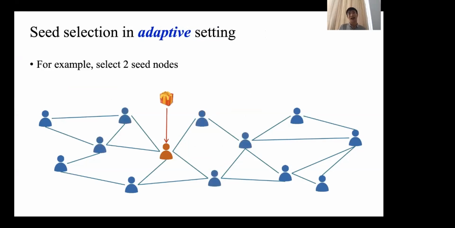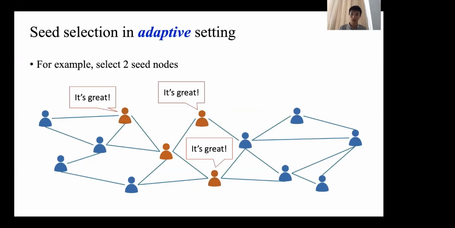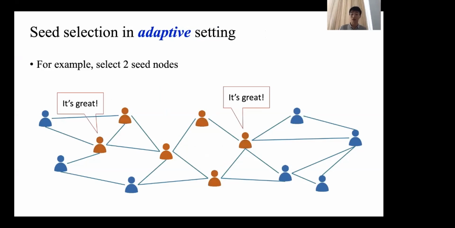However, we are looking at a smarter way. That is, we look at the adaptive algorithm. We first select 1 seed user. We then observe who will be influenced by this user. In this case, another 5 users are influenced by this user.